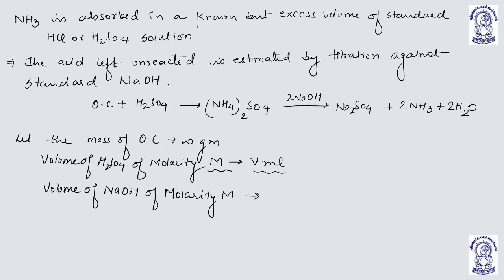So volume of NaOH of molarity capital M used for the titration of excess or leftover unreacted H2SO4 is V1 mL. Now, as you know, the N factor of NaOH is 1 and the N factor of H2SO4 is 2.